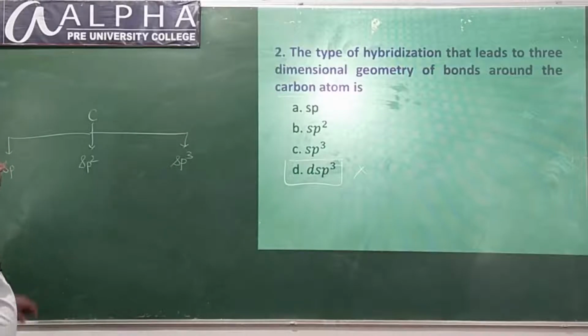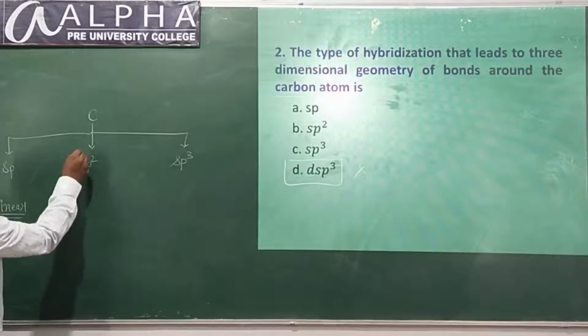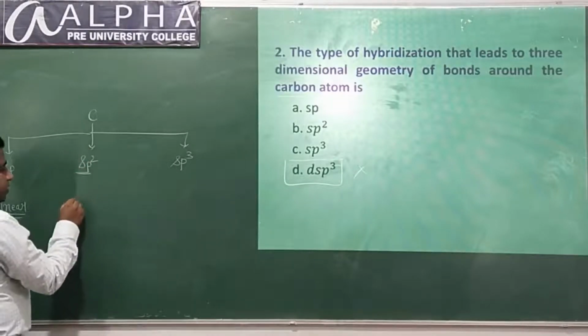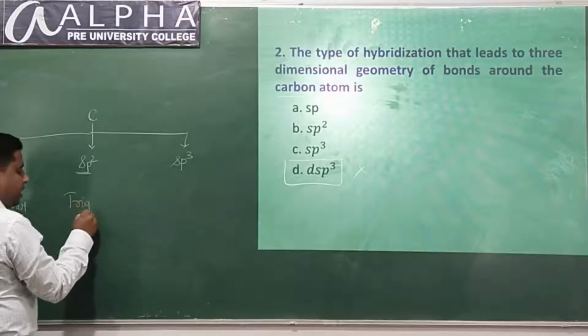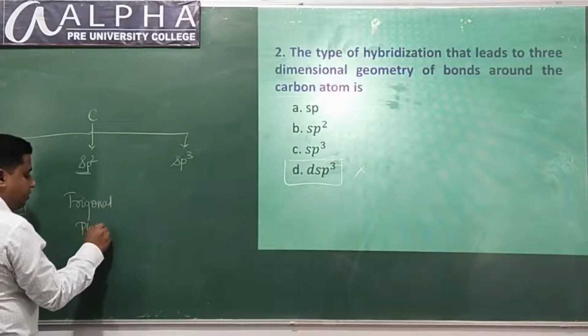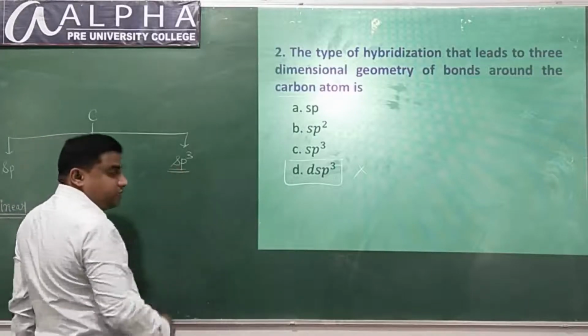See, if carbon is sp hybridized, then what is the geometry? The geometry is linear, correct? And if carbon is sp2 hybridized, what is the geometry? Trigonal planar. What if the hybridization is sp3?